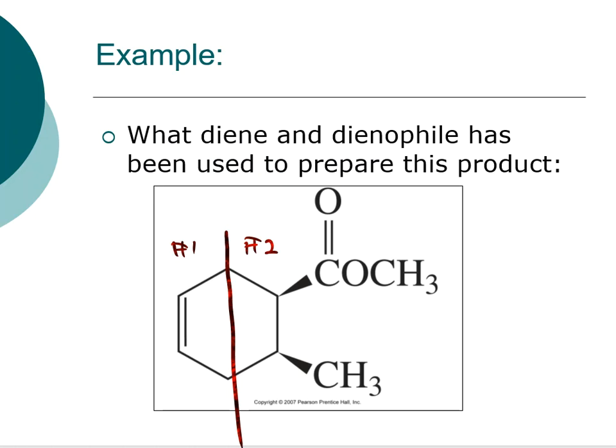Well, you got to remember this bond had to happen somewhere, somehow. Where did it come from? It came from a set of pi electrons that were located between those two carbons. Remember, I need an alkene or an alkyne, a dienophile, for this to work.